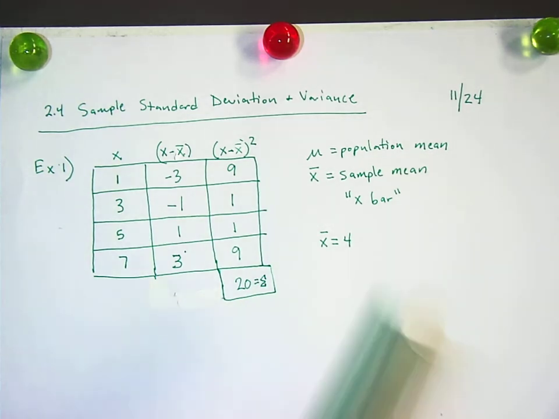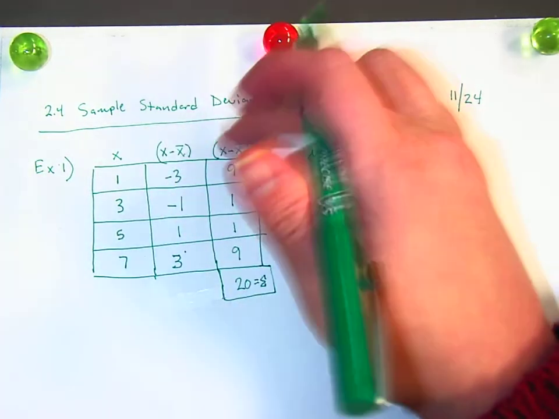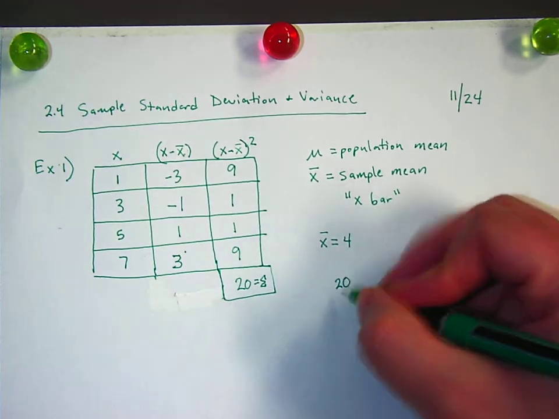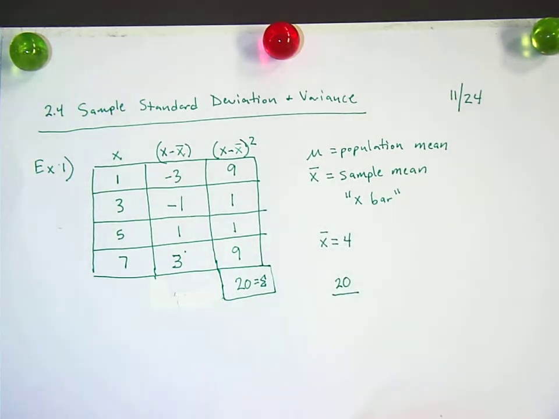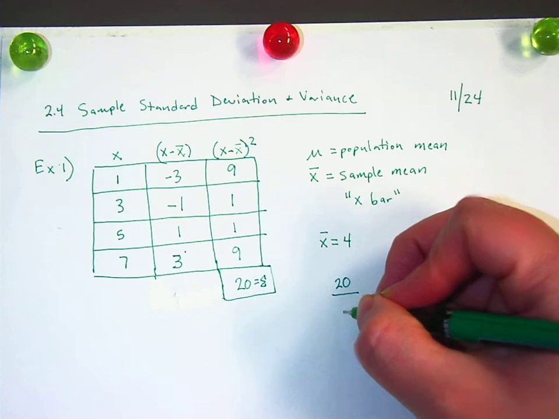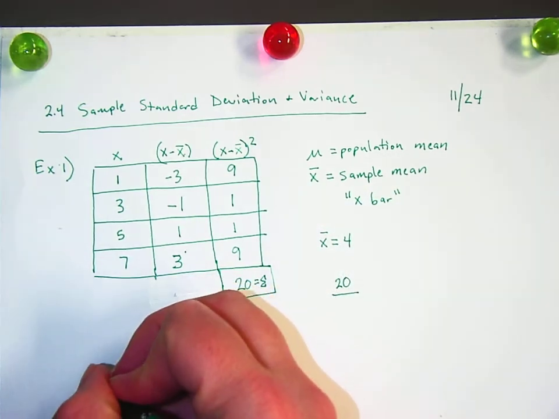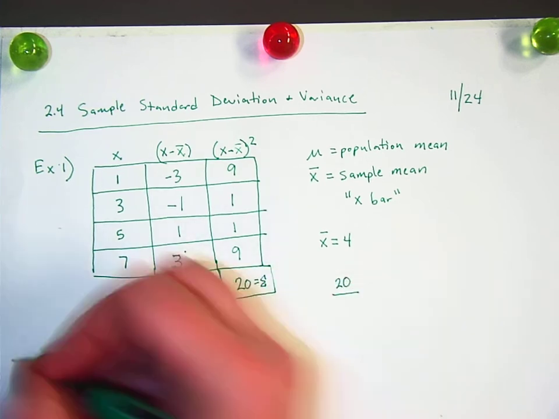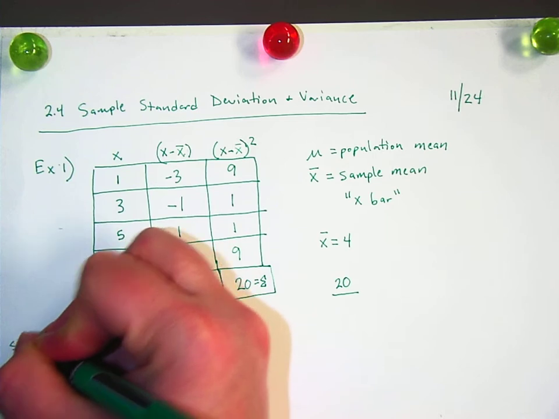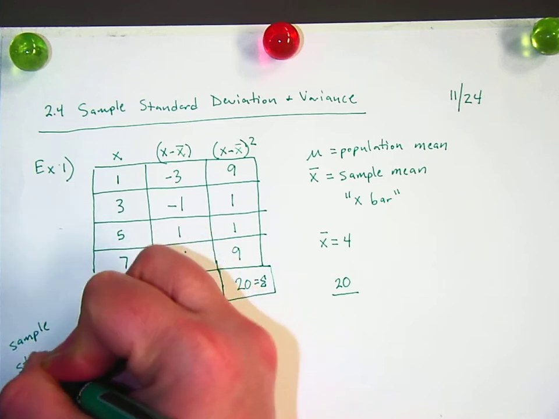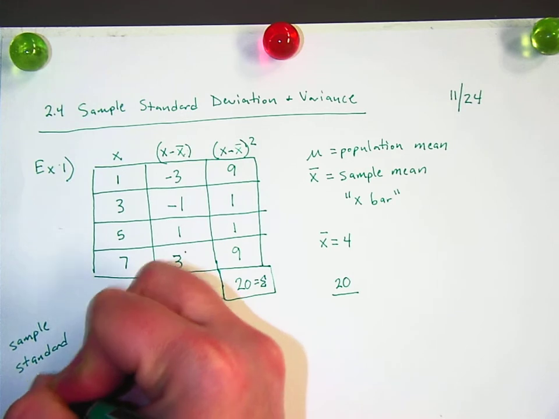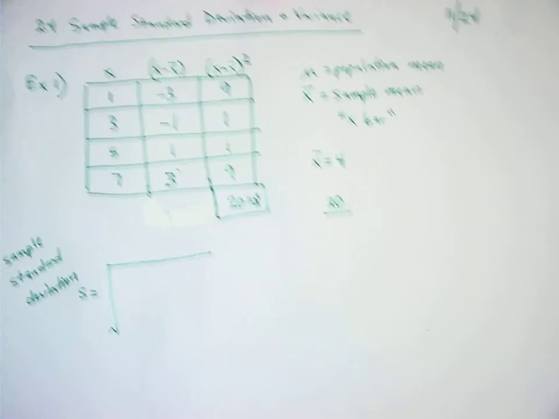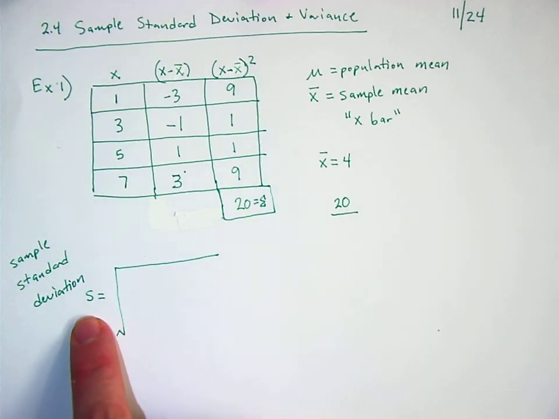All right, now, so far, everything is exactly the same as finding a population standard deviation. Now what we're going to do is instead of dividing by 4, we're actually going to divide by n minus 1. So we're going to divide by 3. I'm actually going to write out the whole equation for sample standard deviation here. Sample standard deviation is denoted by an S, not by that sigma.